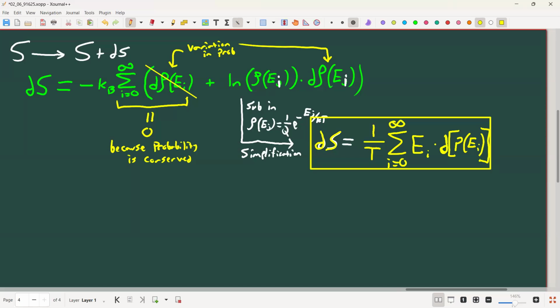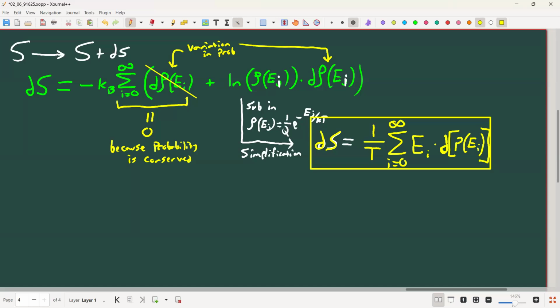But the important thing is that the real change that's affecting the entropy is that the probabilities of each energy are changing. So entropy has something to do with a balance of energy times the probability. If you think about this, this is how the probability of finding a given energy in your system is changing, and it's divided by the temperature.